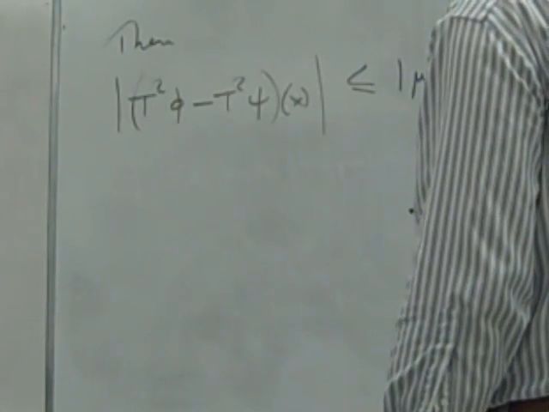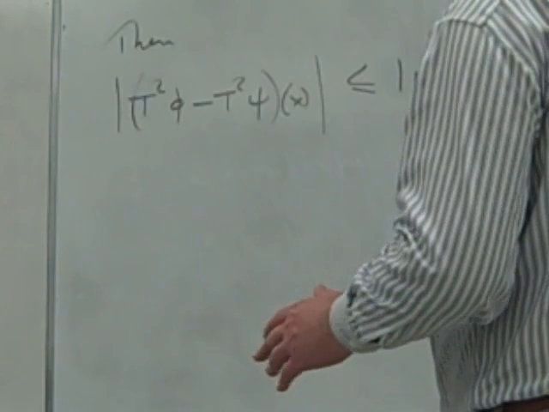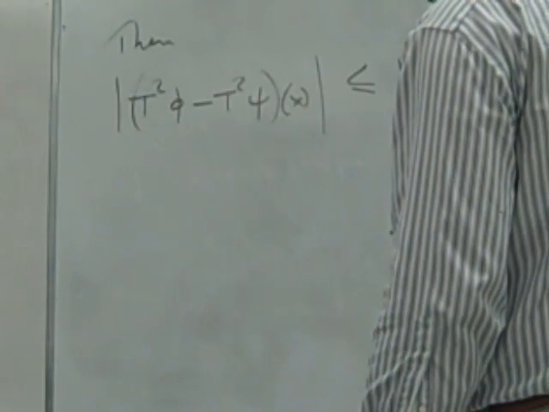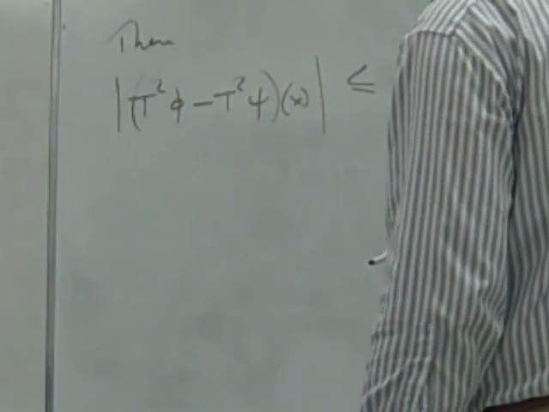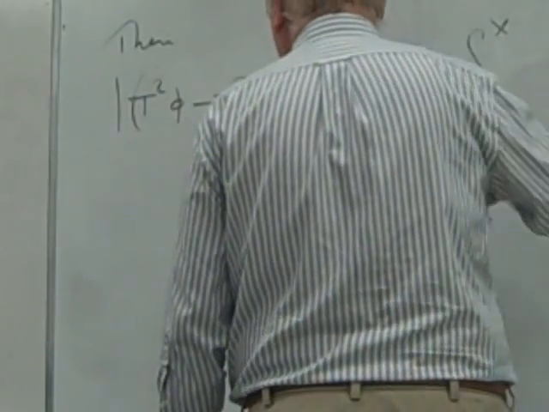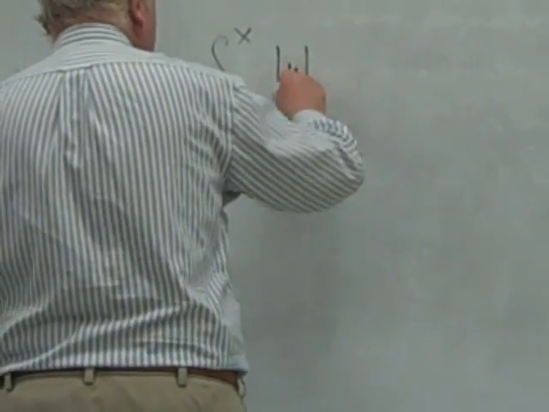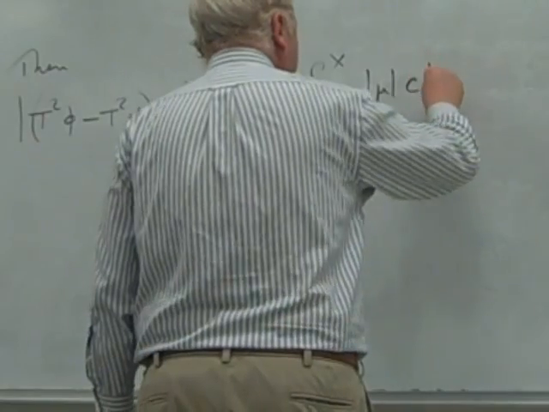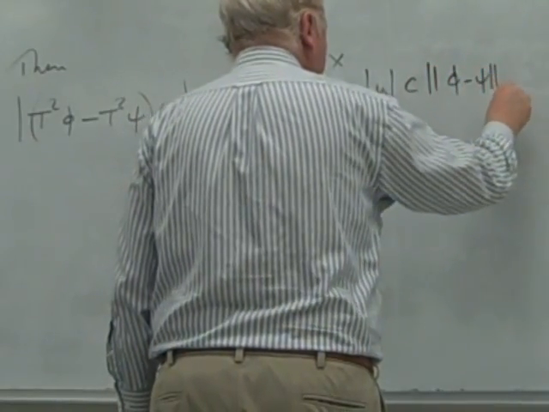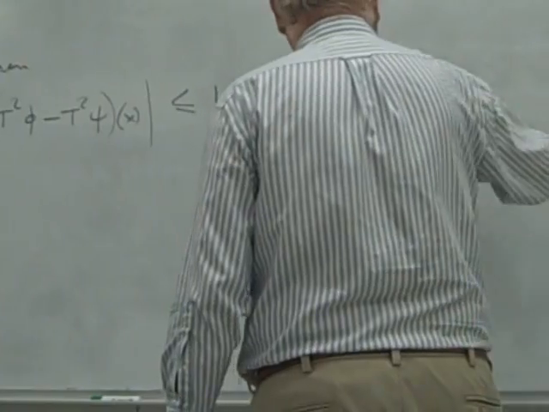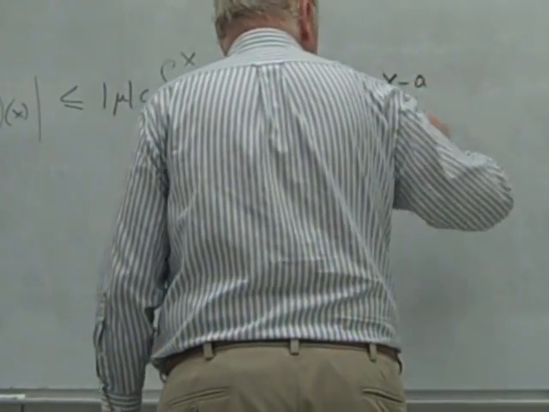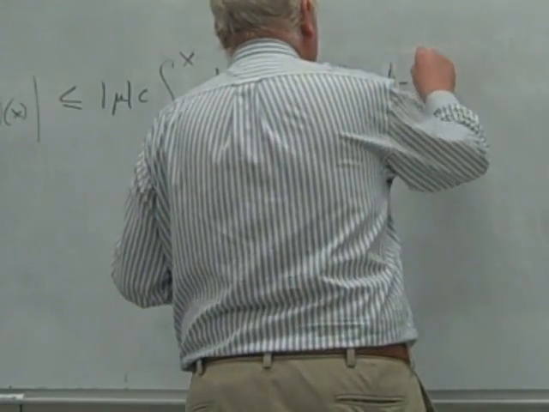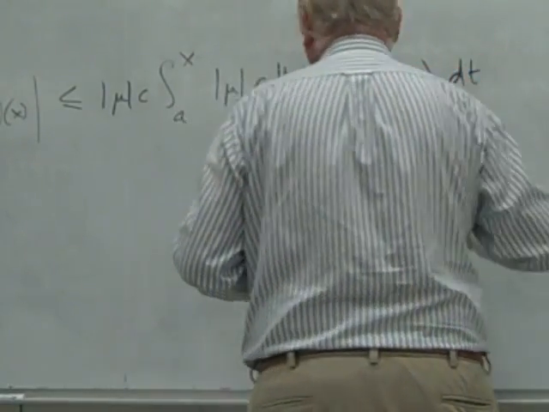now in place of phi minus psi, I'll have T phi minus T psi. And so I can put in the estimate for that. So it will be the absolute value of mu times c times the infinity norm of phi minus psi multiplied by x minus a, or t minus a in this case, dt.